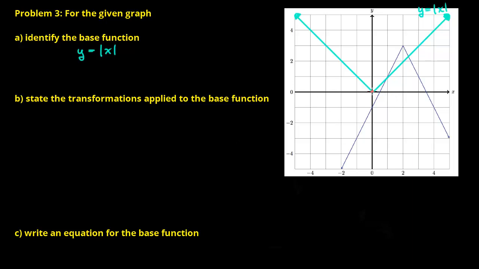Well, I moved this coordinate to the right 2 units and up 3 units. So there is a horizontal shift 2 units right, and a vertical shift, or vertical translation, 3 units upward.